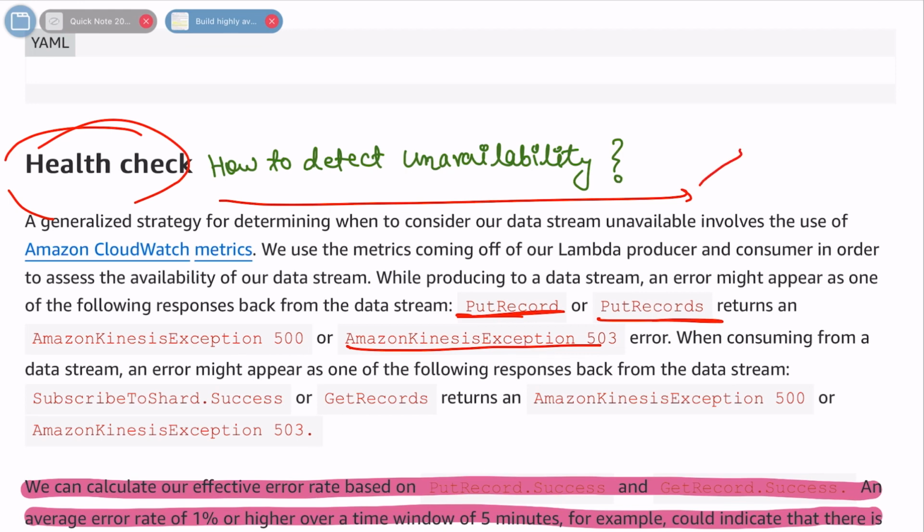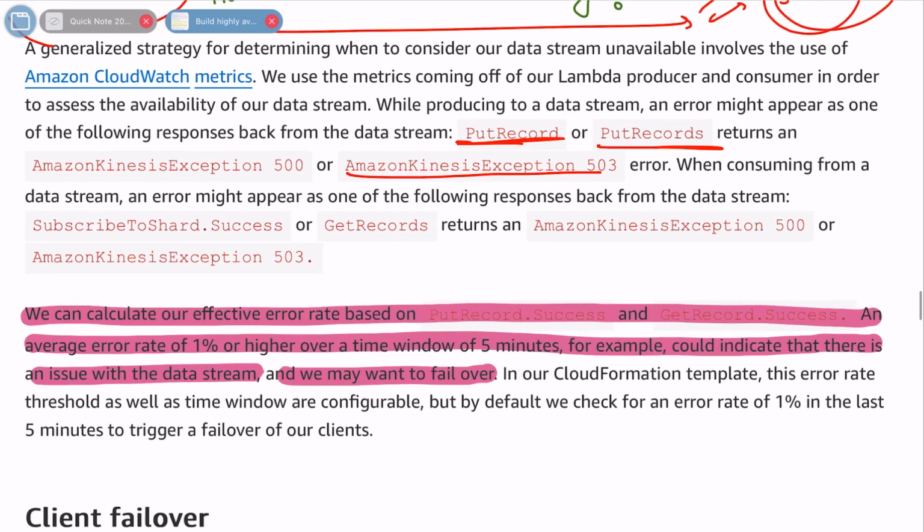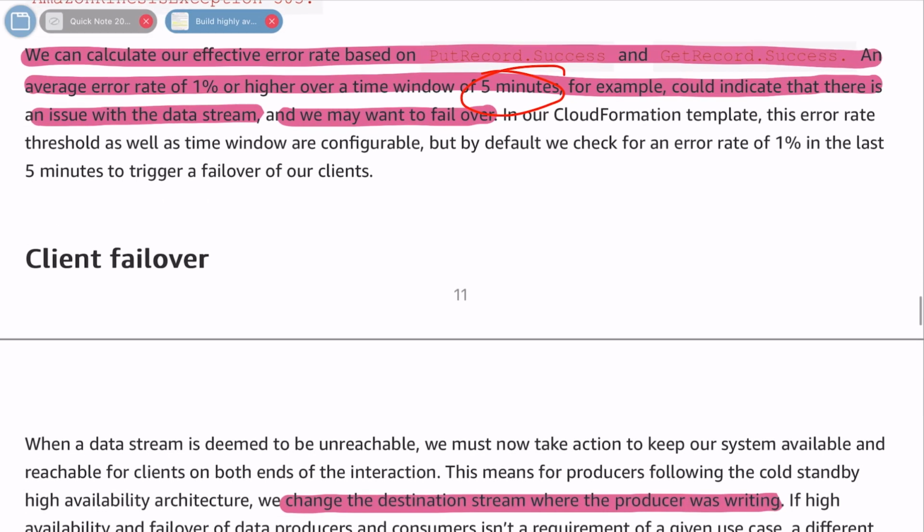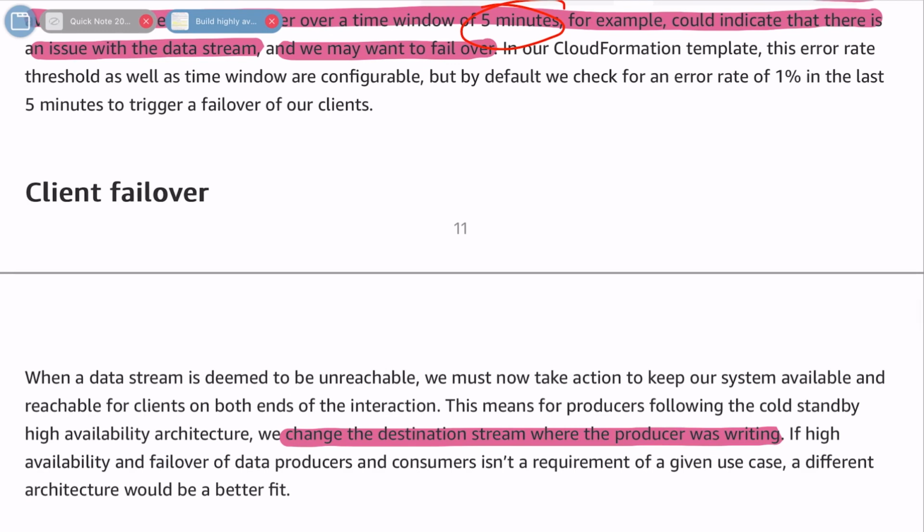So you can generally retry, and if for a certain time, let's say for 5 minutes, the Kinesis data stream does not come back online, then you can go to the system to go to region 2. Again the time can be anything. 5 minutes is good enough to ensure okay, the Kinesis data stream in region 1 is not responding, so let's switch over to region 2.